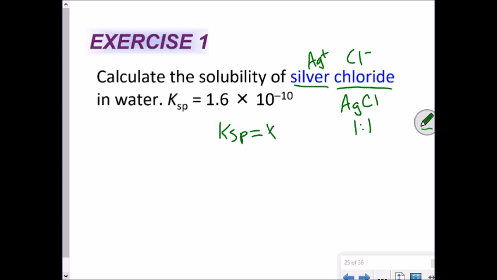X squared, right? So all we have to do now, plug this in and square root it, right? Square root both sides. And what do we get for our X value? What's our molar solubility of silver chloride?